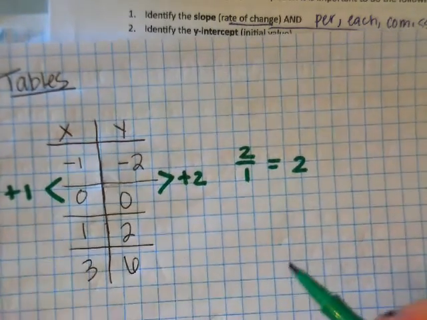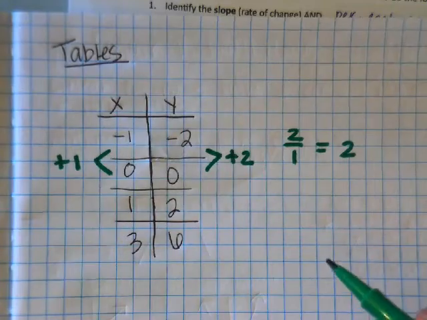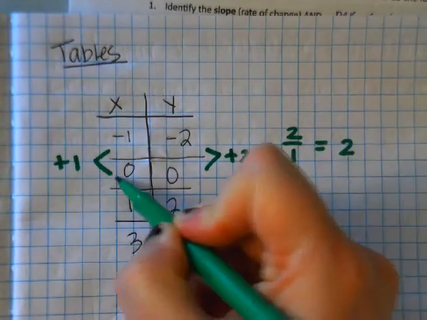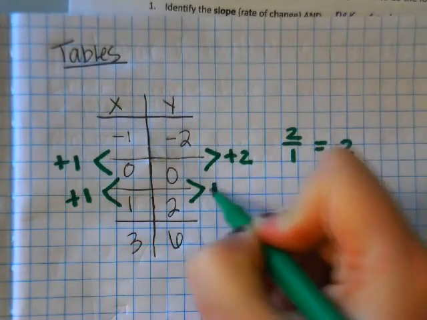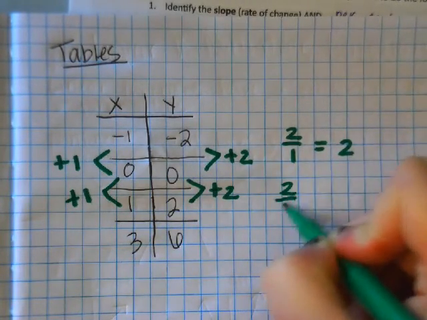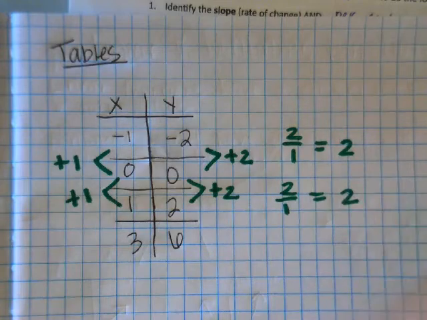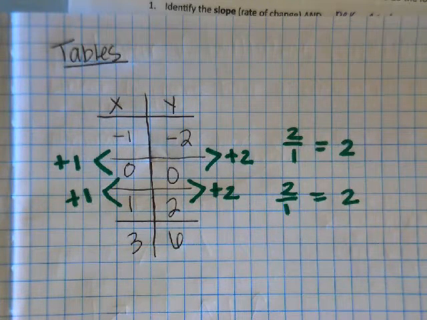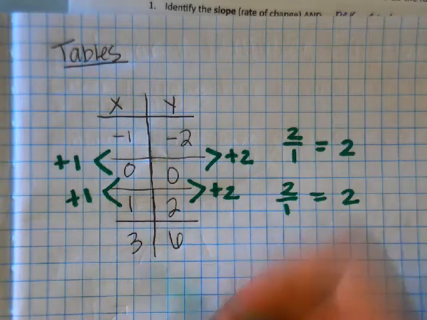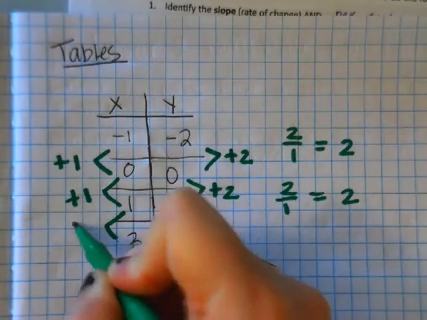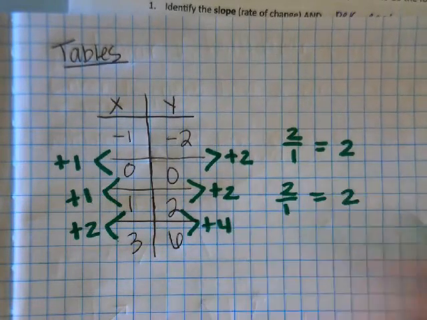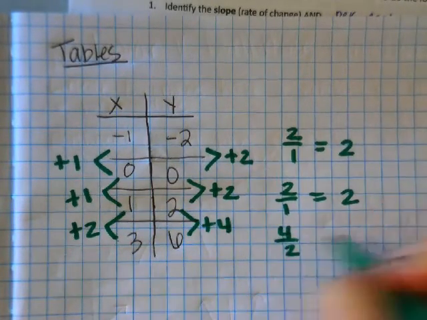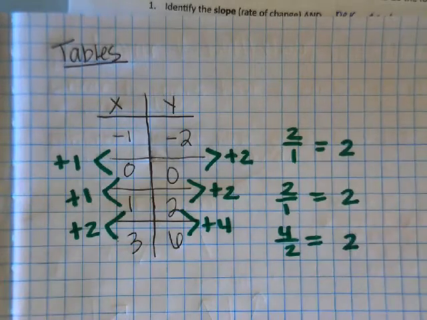And then I do the next row, from 0 to 1. Again, I added 1, I added 2, 2 over 1 equals 2. And then I do the last row. 1 to 3, I added 2. 2 to 6, I added 4. 4 over 2 still simplifies to 2.